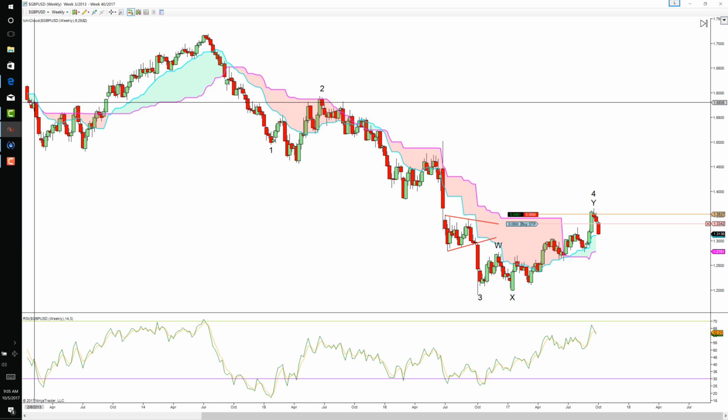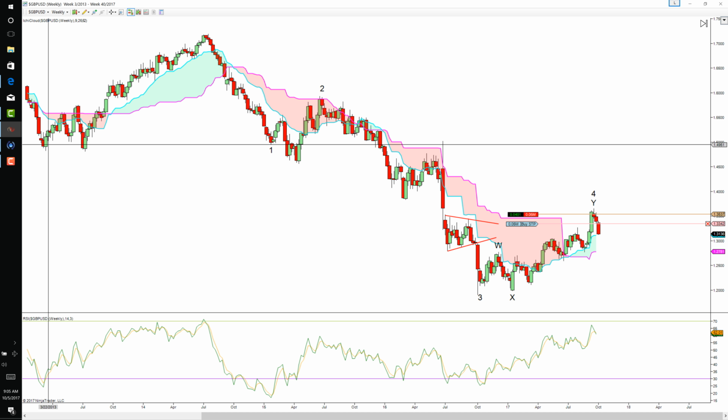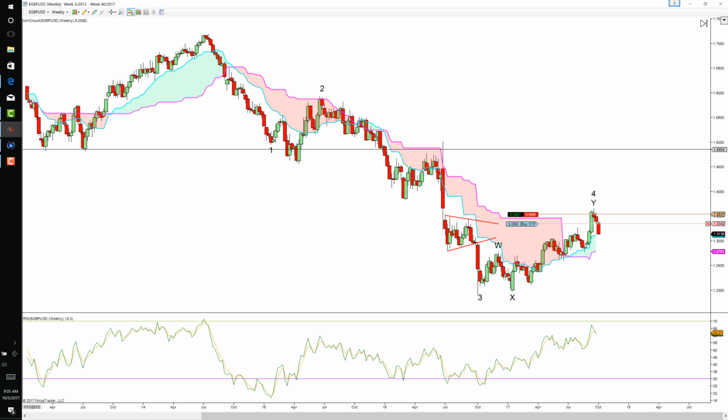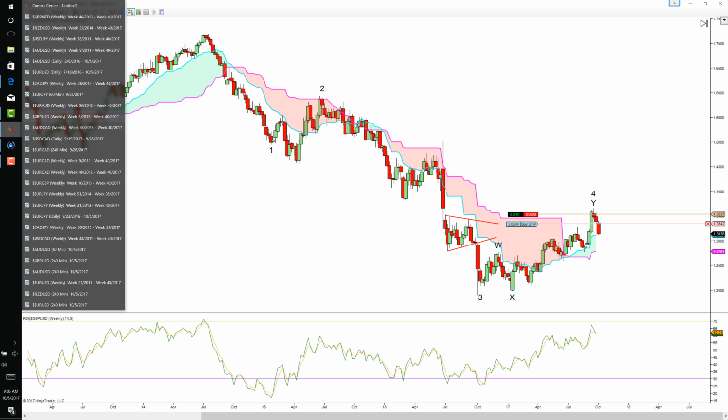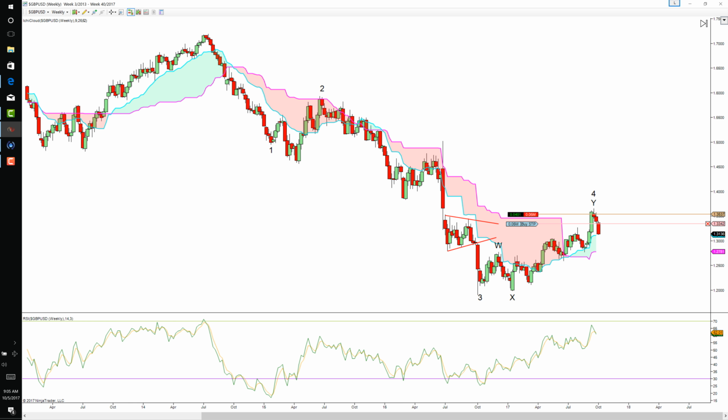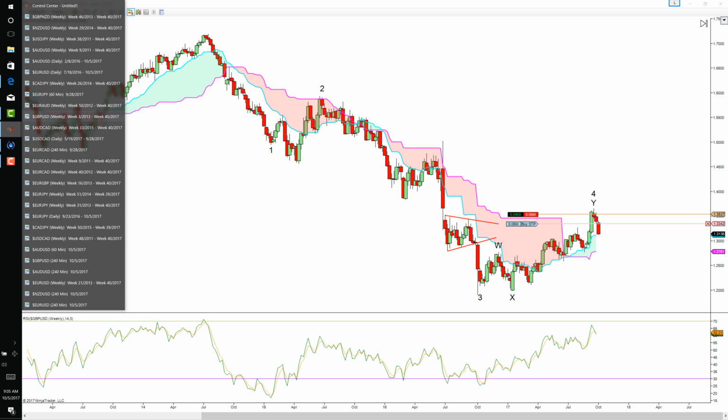By the way, with what the pound's been doing, it's very difficult to even take a trade in the pound to the long side because of what Brexit has done in the previous year. So you do have spikes that come in out of the blue in that particular pair.